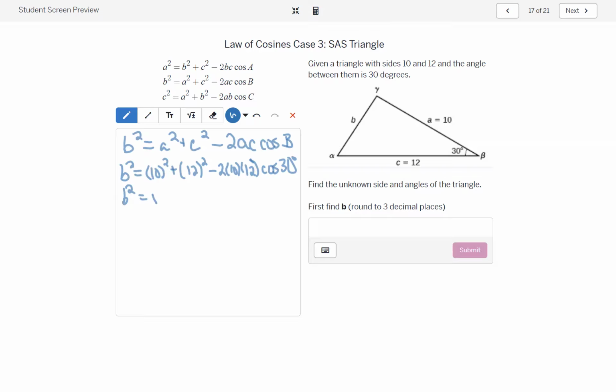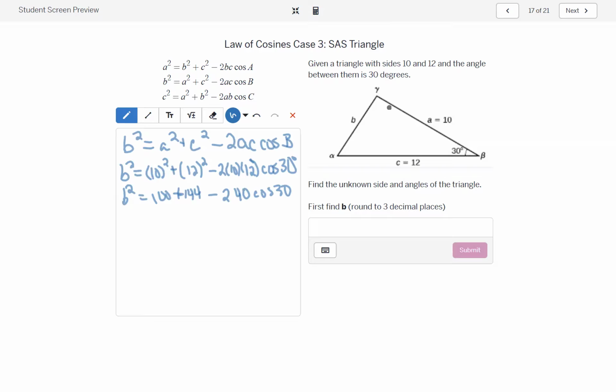So 10 squared is 100. 12 squared is 144. And then 2 times 10 times 12 is 120, so 240. For some reason, people will type 100 plus 144 minus 240, and then hit enter.